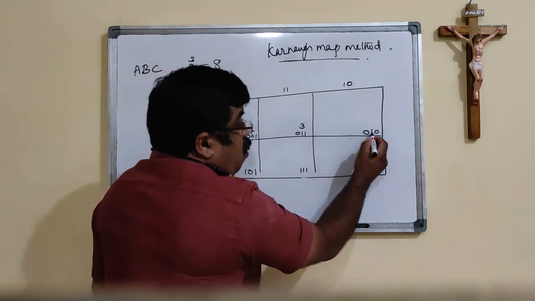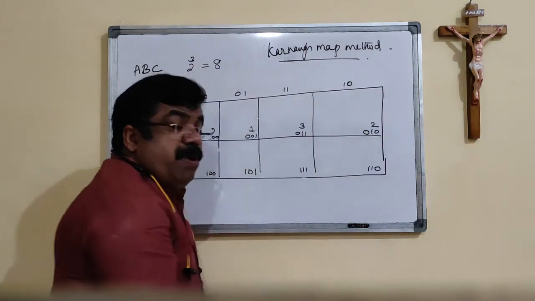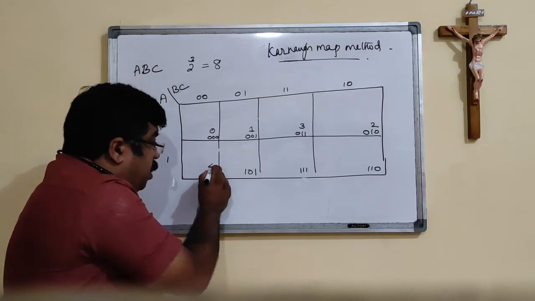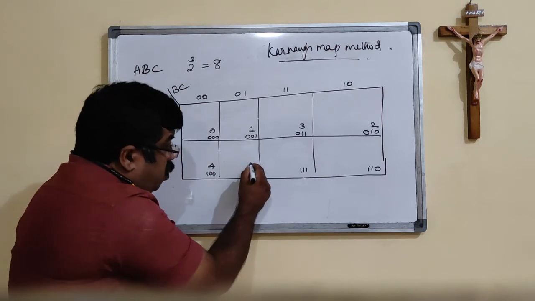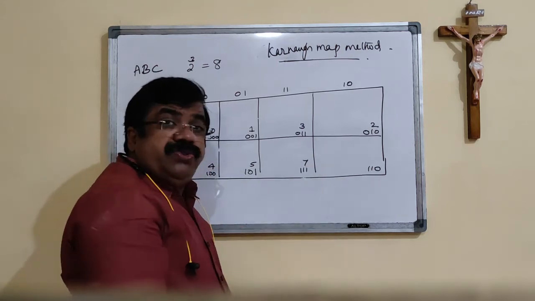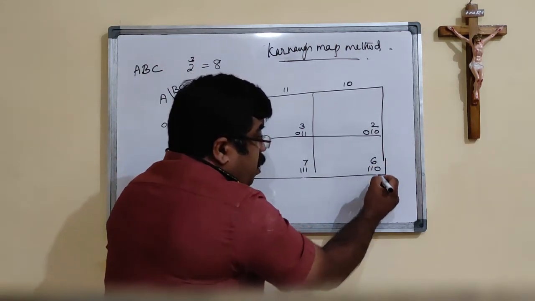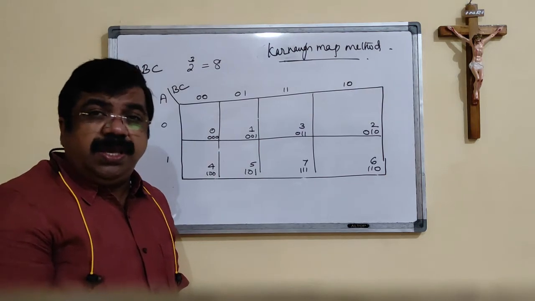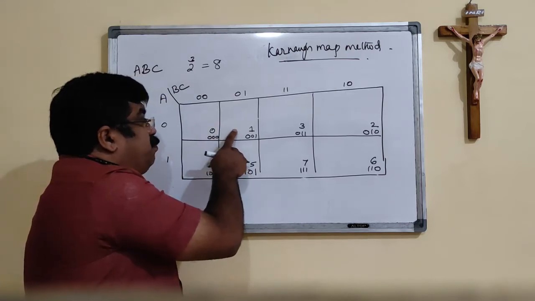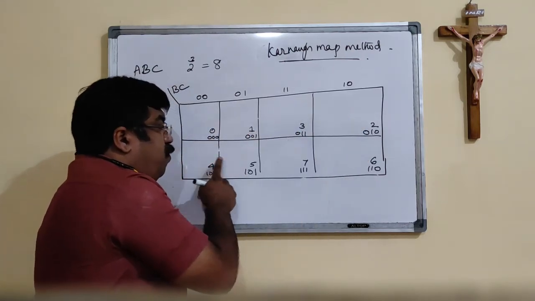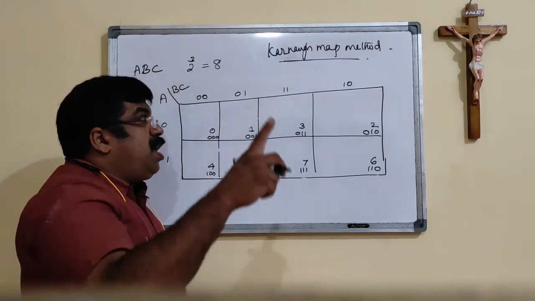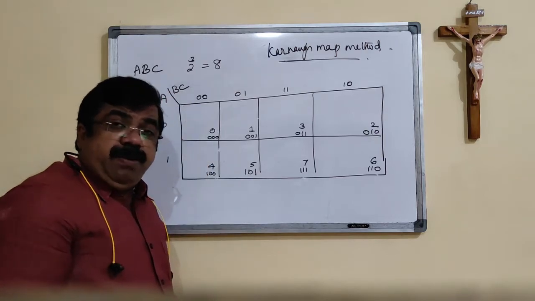Then 010 is representing decimal number 2. This 100 is representing decimal number 4. 101 is representing decimal number 5, 111 decimal number 7, and 110 is representing decimal number 6. So see here, because of this Gray code, the numbering has become 0, 1, 3, 2, 4, 5, 7, 6. This is the way we have to number when we have three variables.